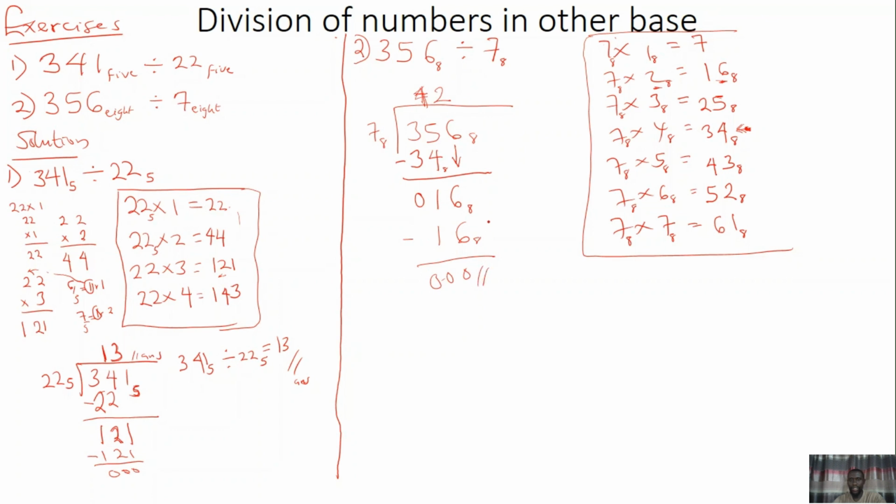Now our long division ends here, and what we have is 42. What this means is that 356 base 8 divided by 7 in base 8 is equal to 42 base 8, and this is our final answer.